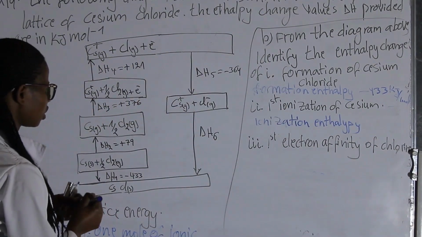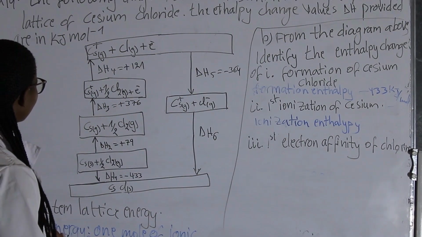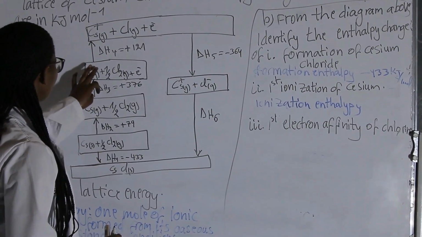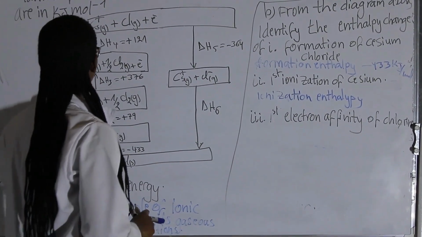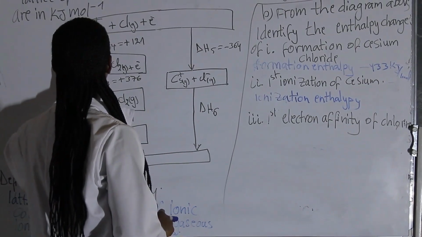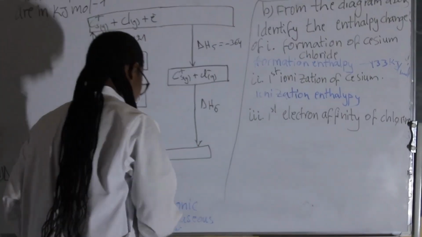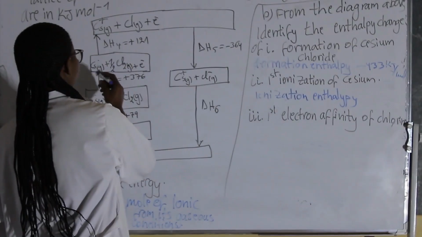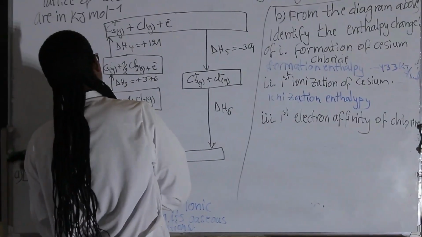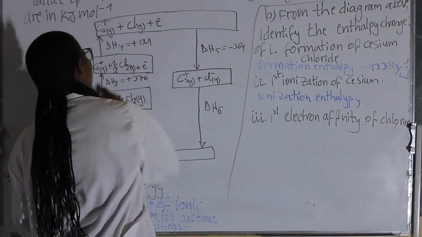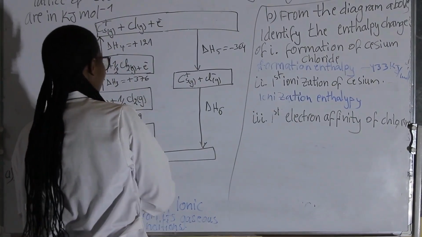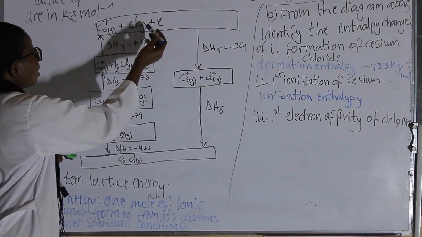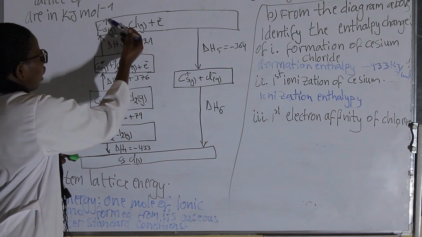Let's see the ionization of cesium. As you see here, we have cesium gas, which is ionized to cesium ion.